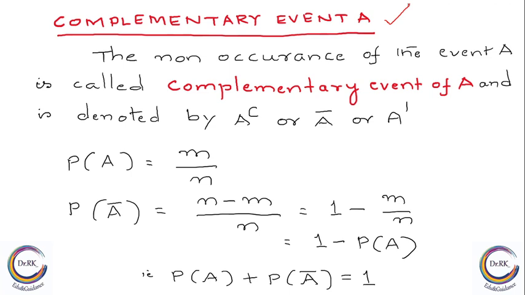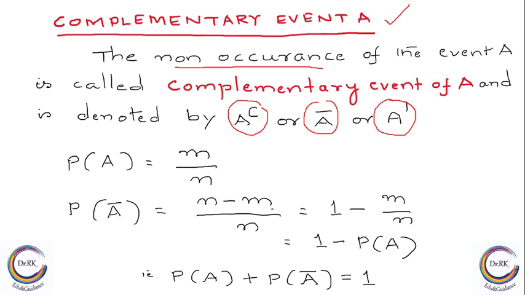Suppose if A is tossing of a coin, A is getting a head, then its complement is not getting a head, right? Suppose the event is passing the examination, complement is not passing the examination, right? That is, so complementary is nothing but not happening or non-occurrence of the event. Right? So it is denoted by either A C or A bar or A complement.